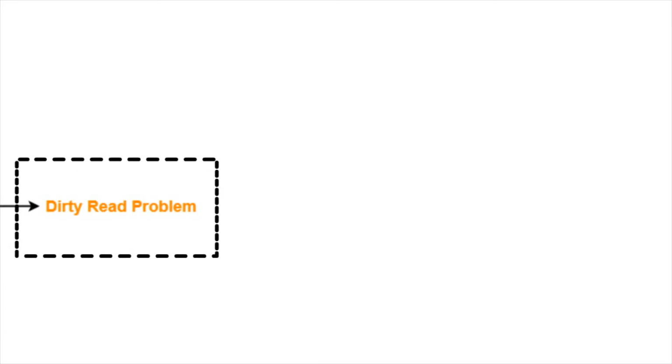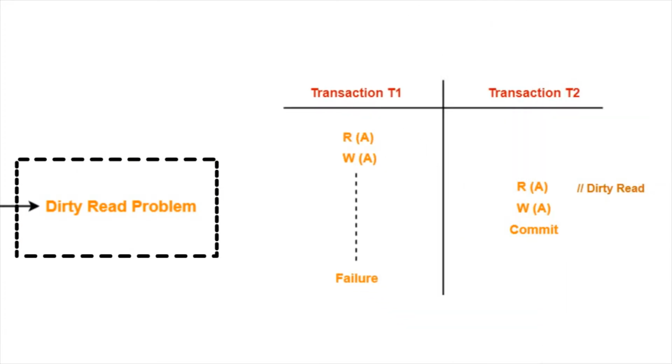Now see this example. Here transaction T1 reads the value A and T1 updates the value of A. As I have discussed, whatever updation is made by a particular transaction is made inside a buffer in the main memory.